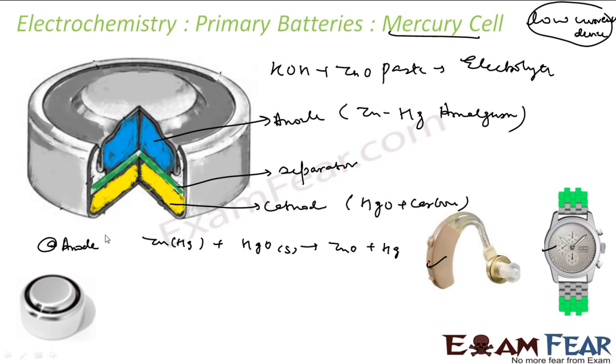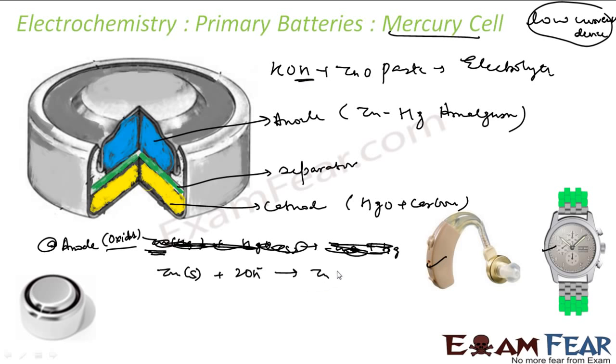Oxidation will happen. So there is zinc, it will get oxidized to Zn plus 2. Let me write the reaction. I have zinc in amalgam form, let's suppose zinc solid. It will become Zn plus 2. It will take 2OH minus from the paste, because the paste has some OH minus. It will become Zn(OH)2 and give 2 electrons.